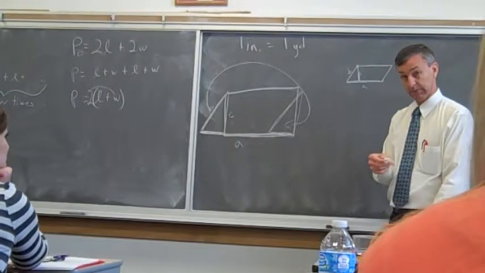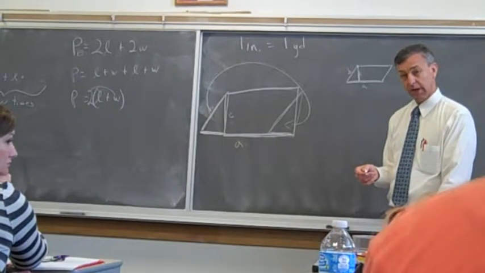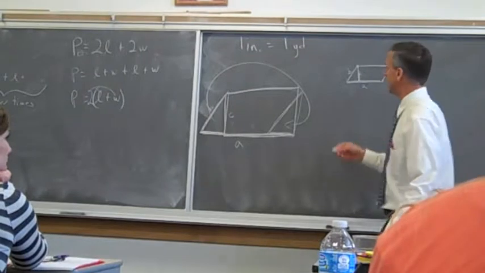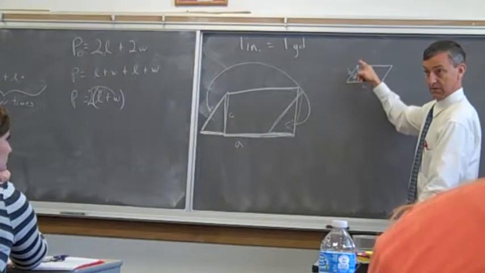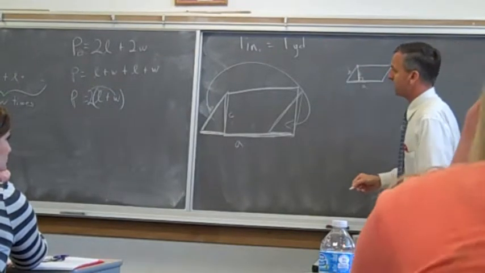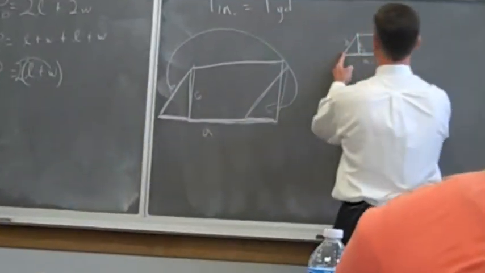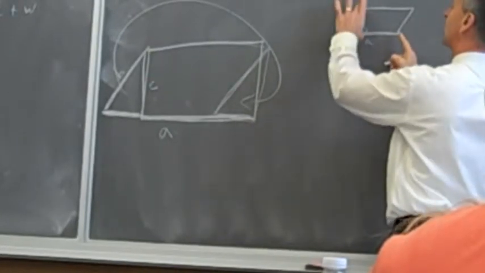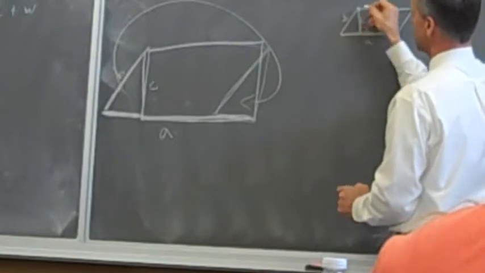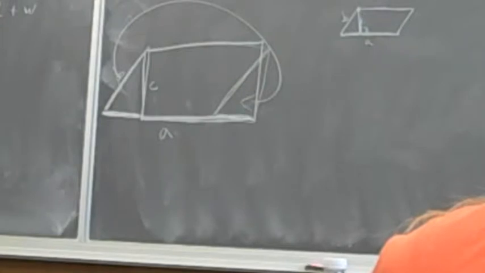The perpendicular altitude between the parallel lines. Okay, perpendicular altitude between the parallel lines. It is perpendicular to both of the bases. And so, can everyone see that if we take what we call the base of the parallelogram and the height to that base, which is the perpendicular distance to the other base, here's our new formula for the parallelogram.